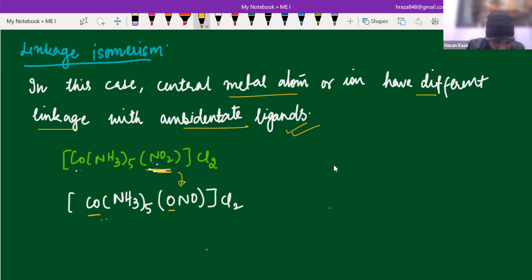In the next class, we are going to complete stereoisomerism along with VBT, that is valence bond theory. Okay, sir. Let me know when you are done with this.